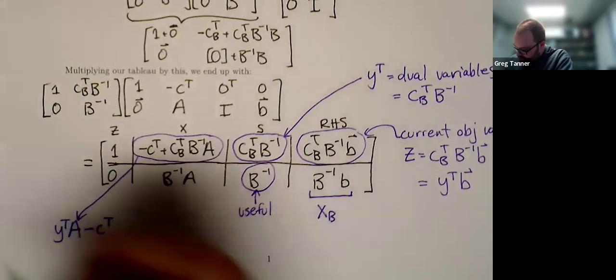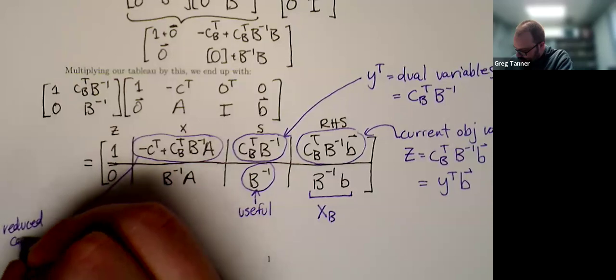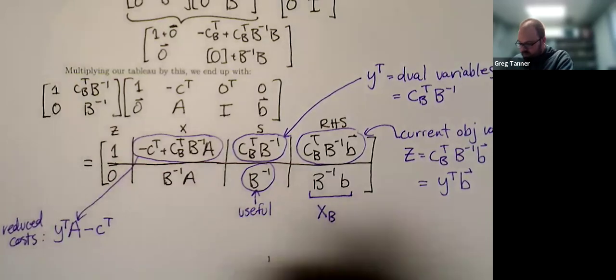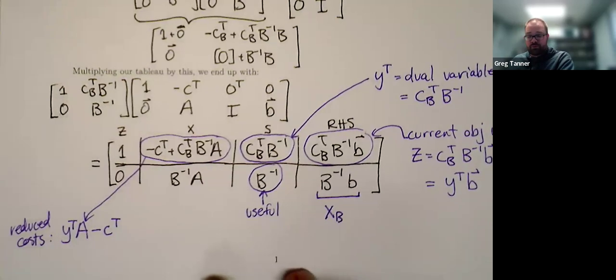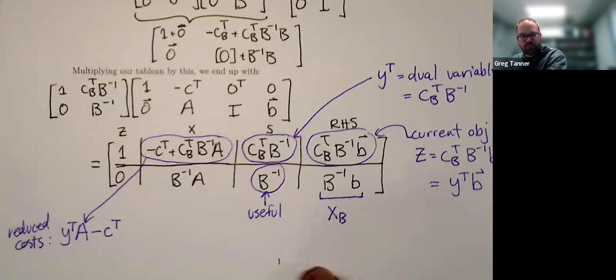Okay, these are called reduced costs of the original variable. Sort of thinking of it as, they had their original cost, this negative C transpose, and then it's reduced by whatever Y transpose A is. And we'll talk a little bit about what that means later on too.